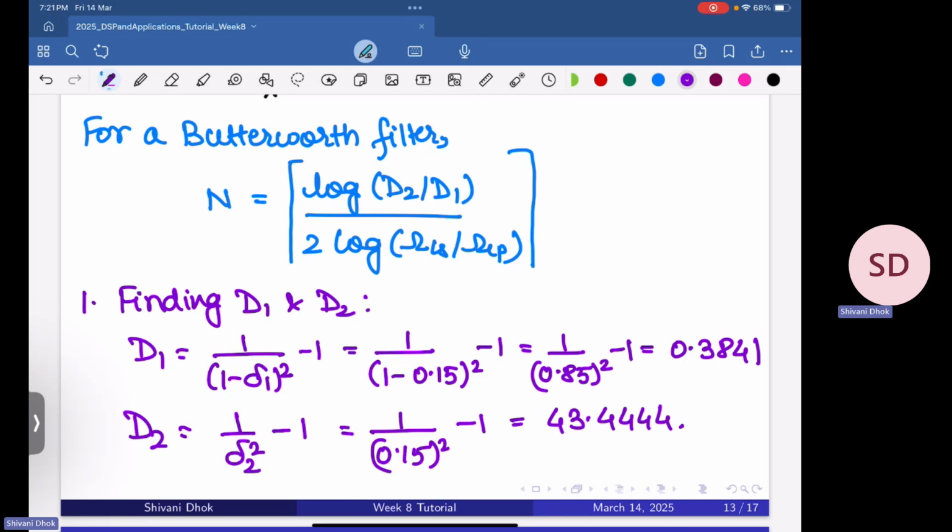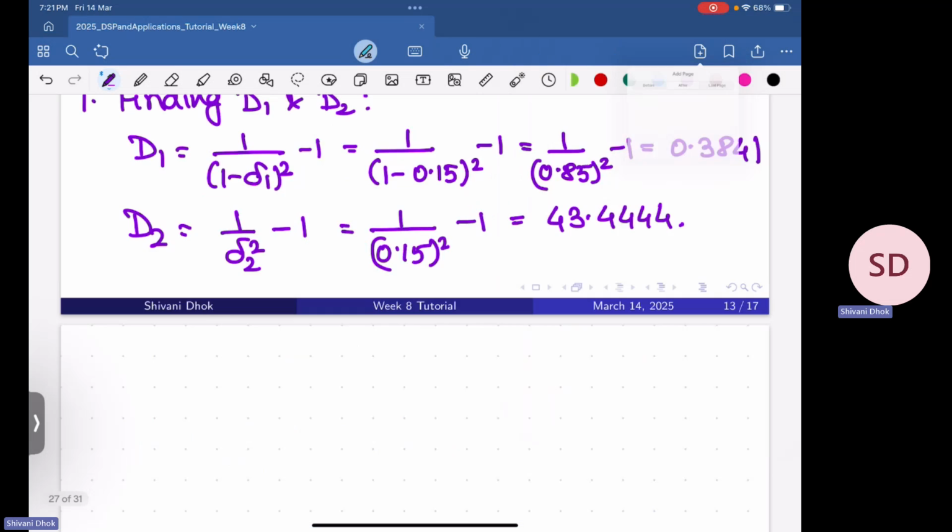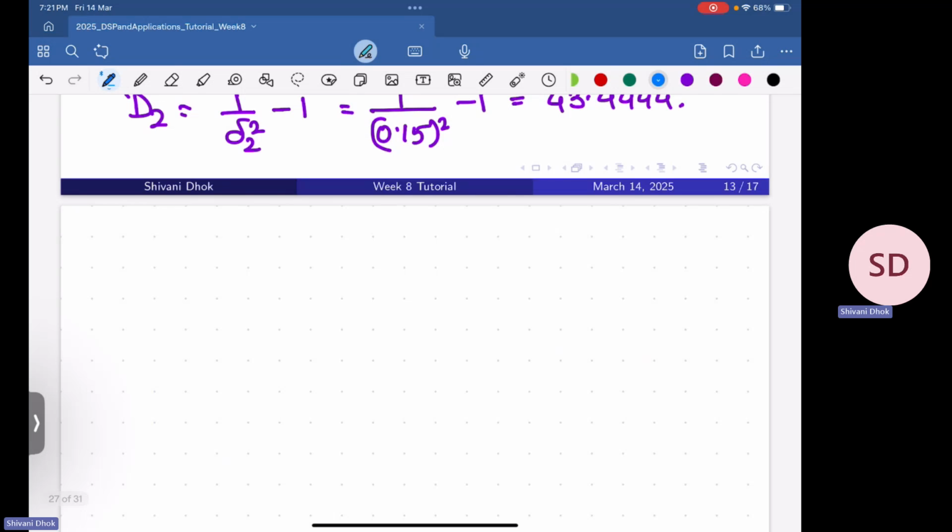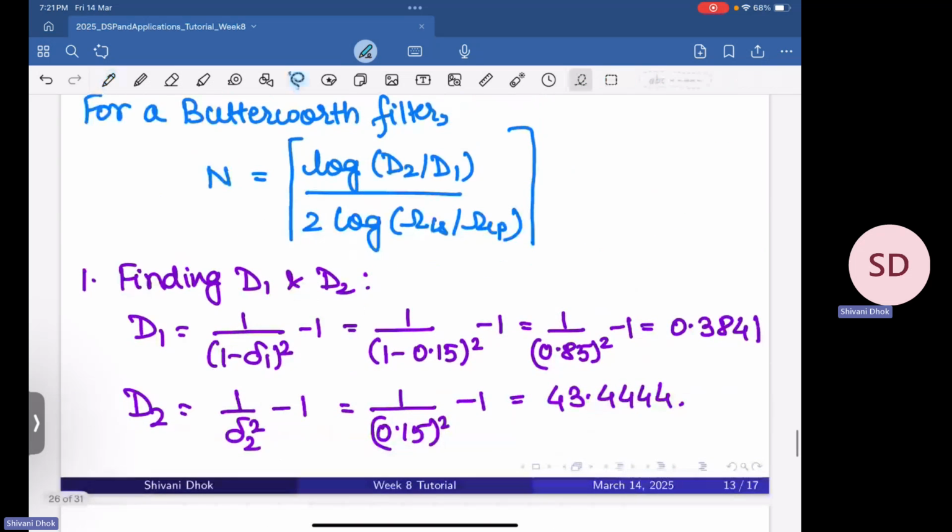Okay, so now we have d1 and d2. Next thing that we need to do is we substitute this d1, d2, omega ls and omega lp in this order equation. I'll just copy paste this equation on the next slide as well.